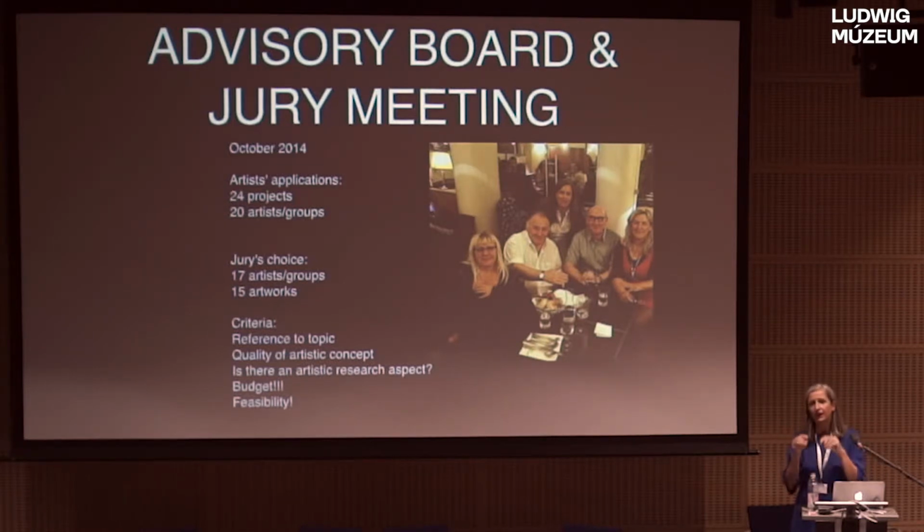We asked them clearly for a budget and all these things, but everybody does this differently, so we had to go through all these projects. We got 24 projects from 20 artists, and we then, as a jury, more or less the advisory board, chose 17 artists with 15 artworks.